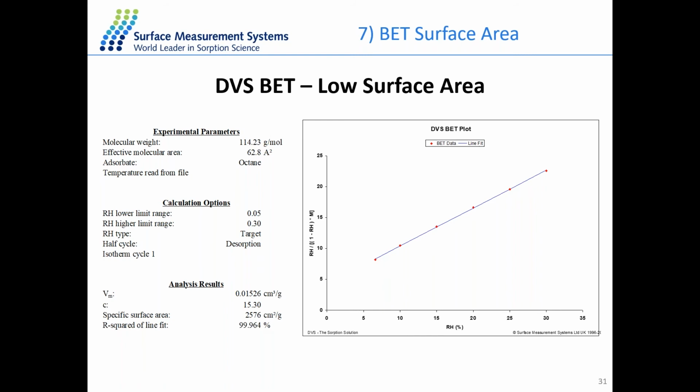This result for the lactose sample has very good agreement with the literature value for pharmaceutical grade lactose as well. With the DVS method, we can measure as low as 0.2 in this case, or we can also measure porous materials with very high surface area like activated carbon or silicas.